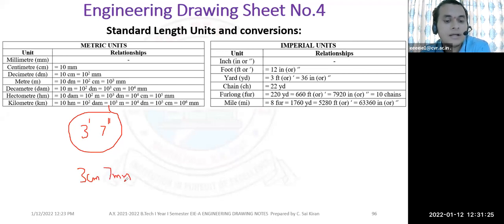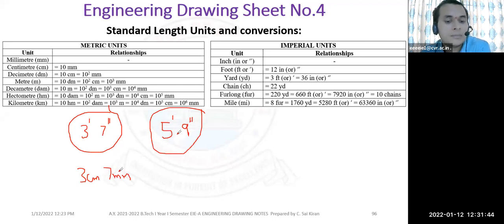Instead of writing the letters, they use these symbols. So suppose I am writing 5 feet and 9 inches, you have to represent it like this. This value represents 5 feet and 9 inches.